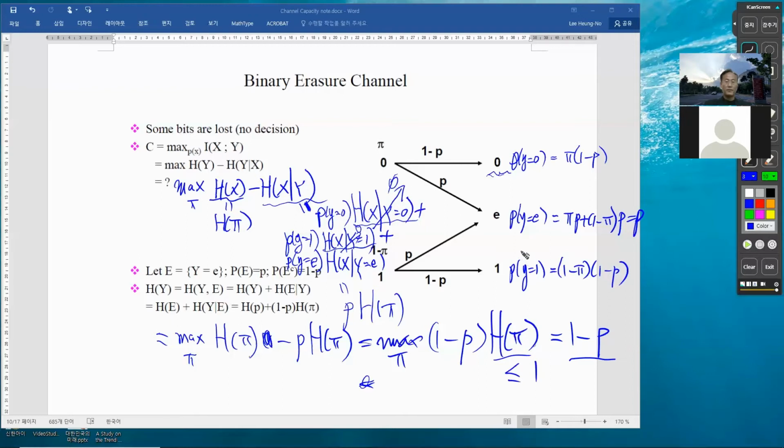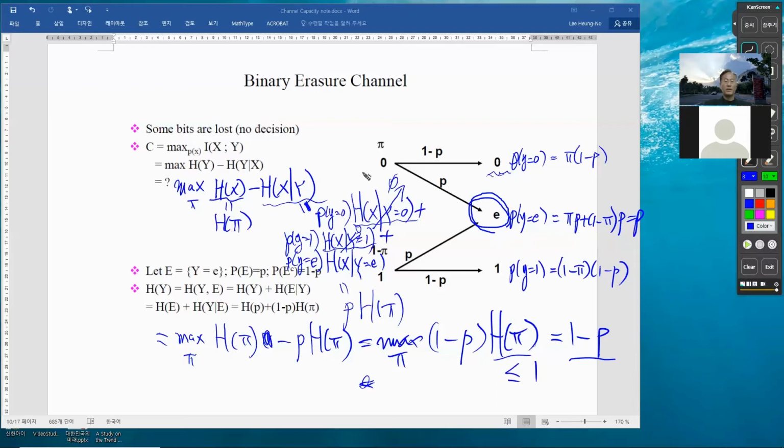In the binary erasure channel, you have lost information with probability p. When you send something at the transmitter, with probability p that information is lost.